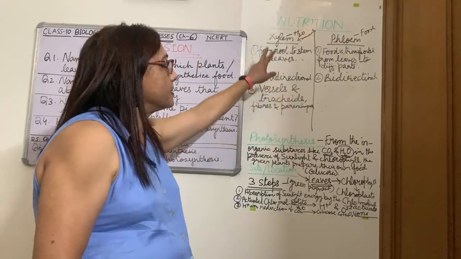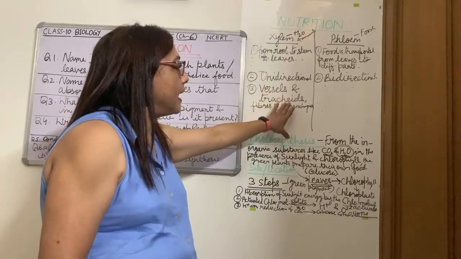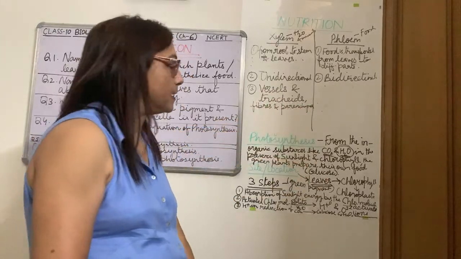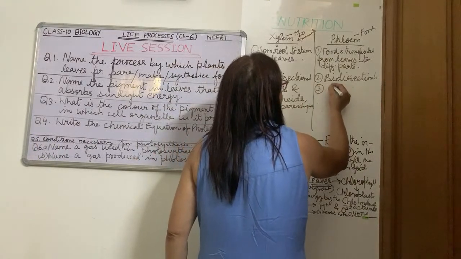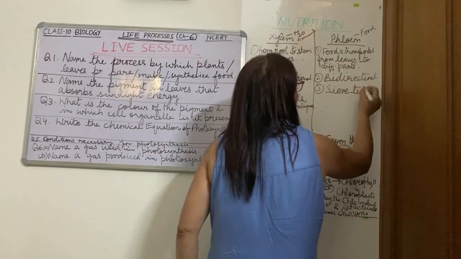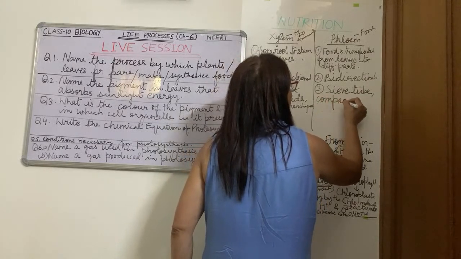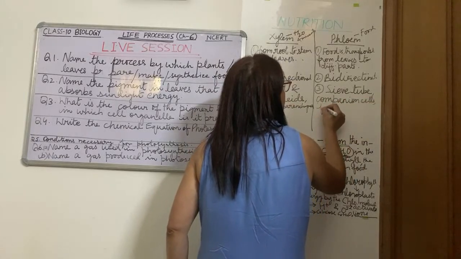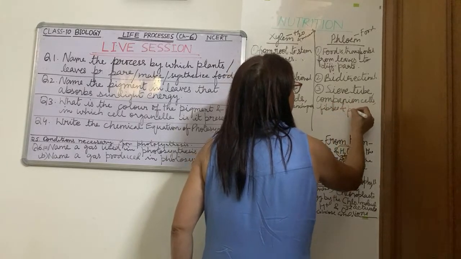And this phloem is composed of the sieve tubes, the sieve tube elements, and the companion cells, and the phloem fibers and parenchyma.